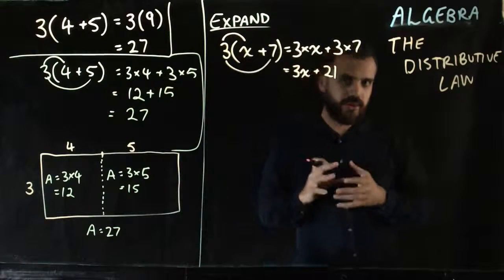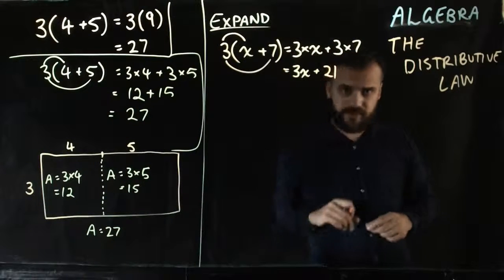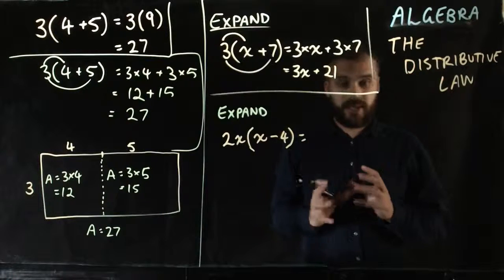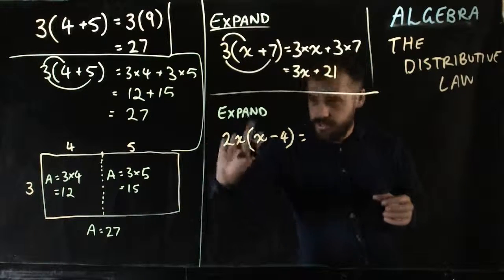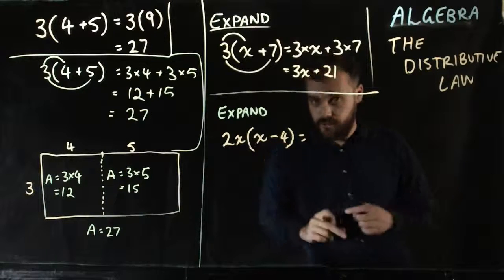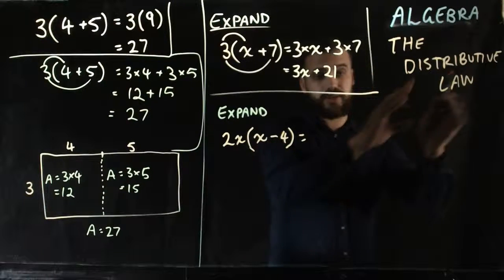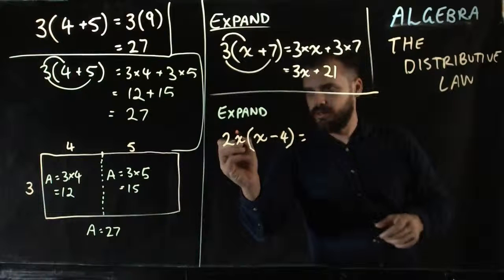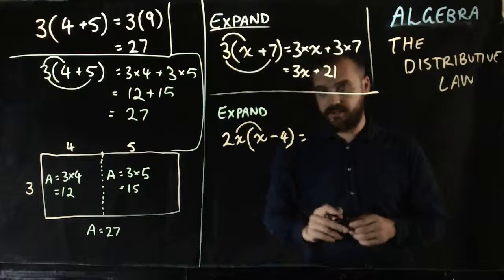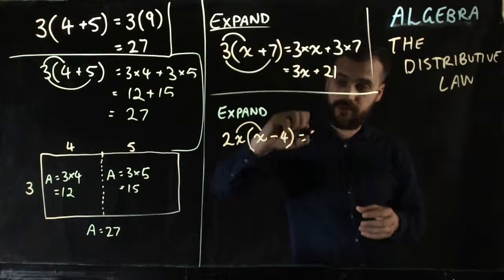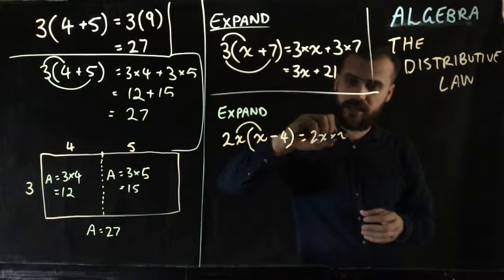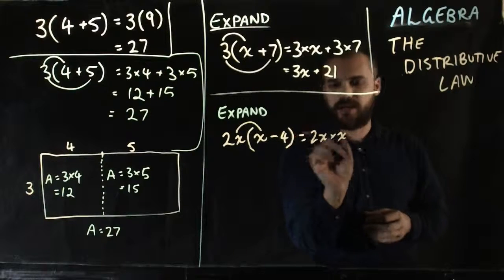I'm going to do one more here just so you can see a slight variation on this. Now again, you can see x's everywhere. 2x times (x minus 4). But we can still use our distributive law. 2x times x. So x times x is x squared, 2x squared. Let's just write that in first. 2x times x.